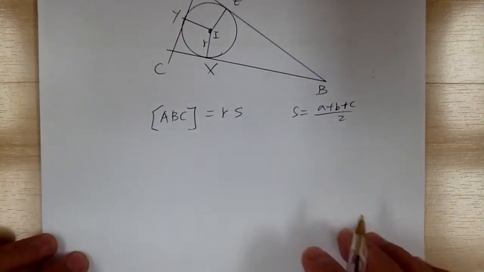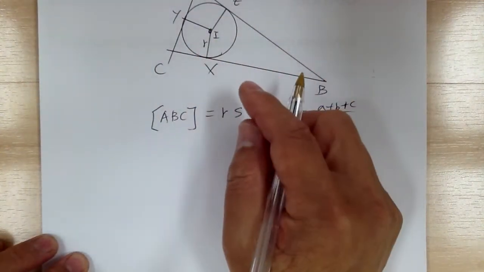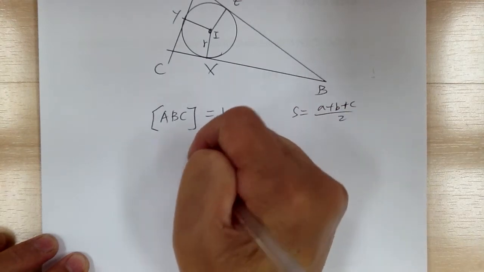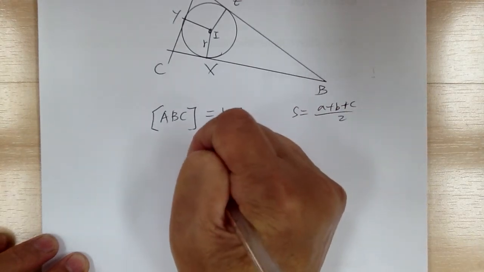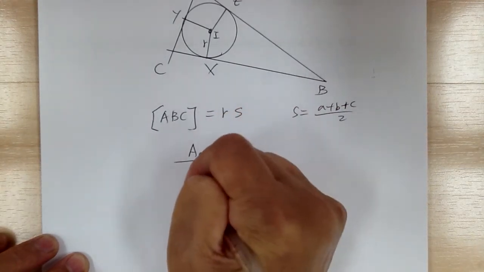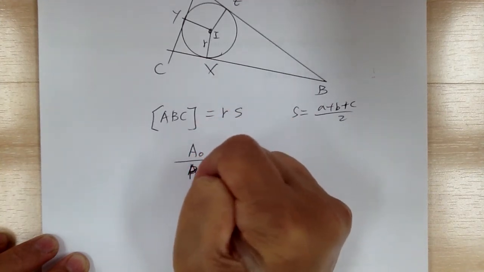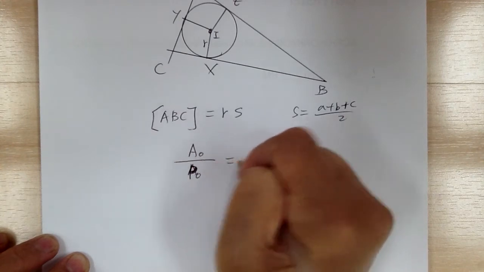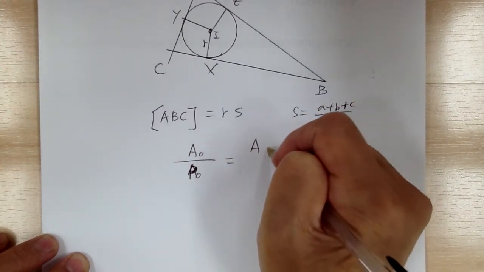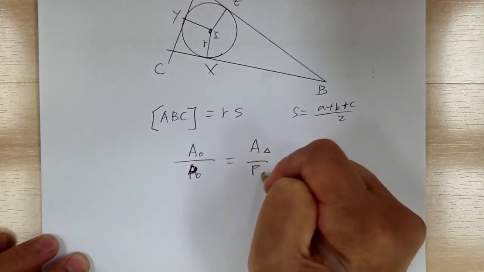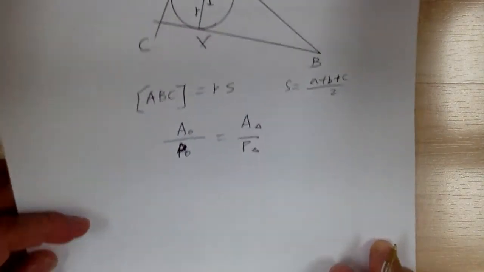Now there's also a kind of relationship between the circle and the triangle. See what happens if you have the area of the circle over the perimeter of the circle. This will equal the area of the triangle over the perimeter of the triangle. So they have the same ratio.